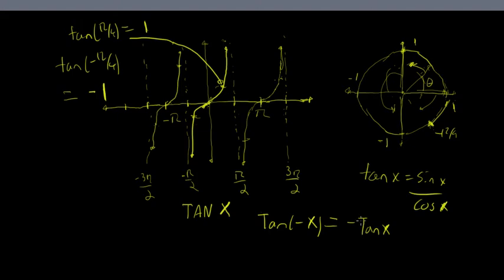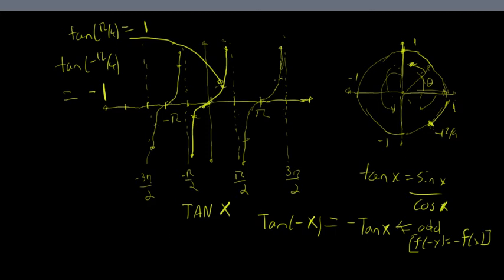So the tangent of negative x is equal to negative tangent of x. And if you remember from the discussion of sine and cosecant, this is an odd function because f of negative x equals negative f of x.